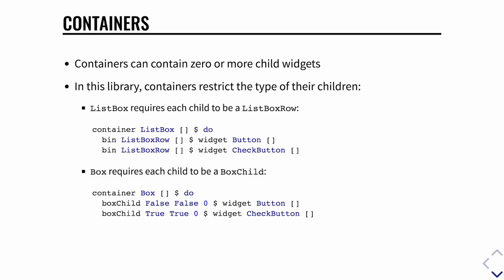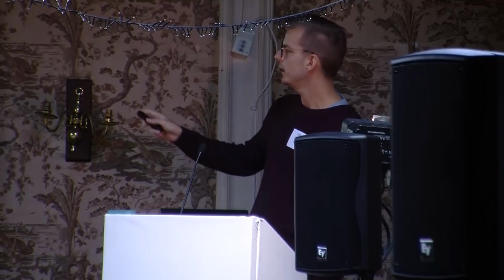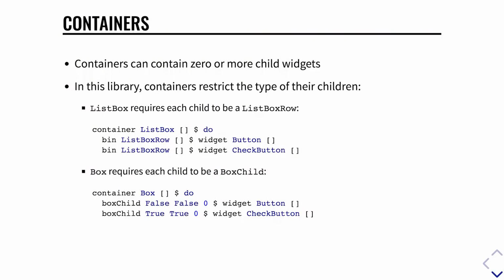So in this library, first off, in GTK, if you have a list box, like in the first example, you could basically append any other widget to that list box, and it will be automatically wrapped in a list box row, kind of implicitly. I've taken the decision to make all of that explicit, so you have to create bins of list box rows first, and then you can put a widget inside that.